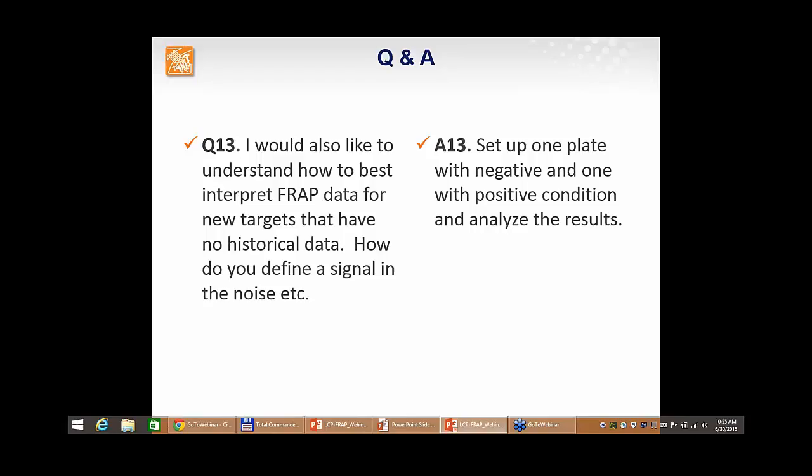That would give you an idea how you can interpret your data in the actual screen that you perform later on. So this is an important experiment to do in the beginning, and as soon as you understand better your protein, your target, then you can screen for many other conditions.